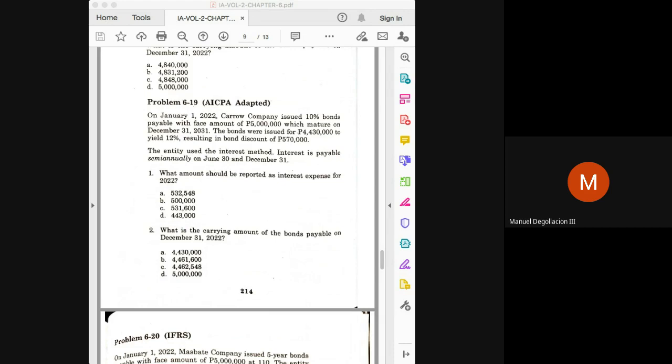Okay, but a very important thing to remember, because if it is semi-annual, you will have to amortize the bond twice for you to be able to get the total interest expense for the year. Okay, so what do I mean? First, you will need to amortize on June 30, the first interest payment date, and another amortization on December 31.